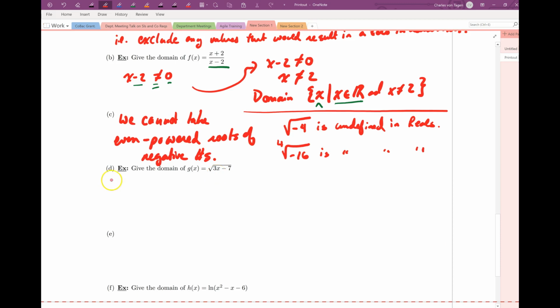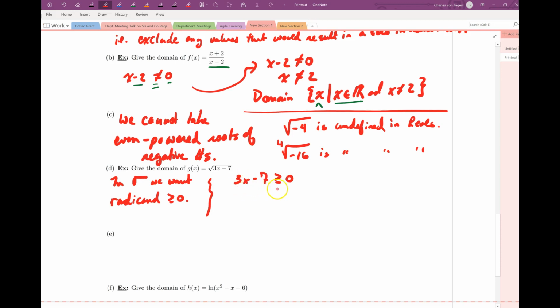So for the square root, we want the radicand. Remember, that's the name of the expression inside the square root. We want this radicand to be greater than or equal to 0. Okay? So what are we going to do? We're going to take the radicand of this function, 3x minus 7, and we're going to set it to be greater than or equal to 0.